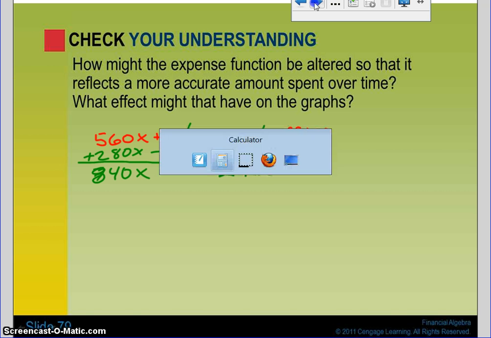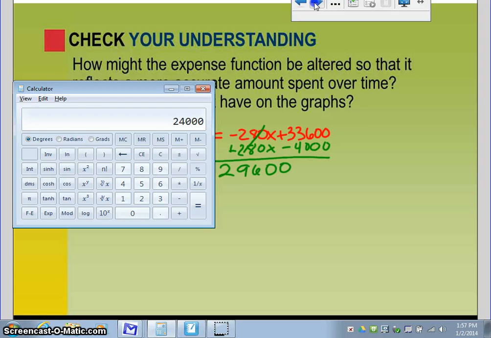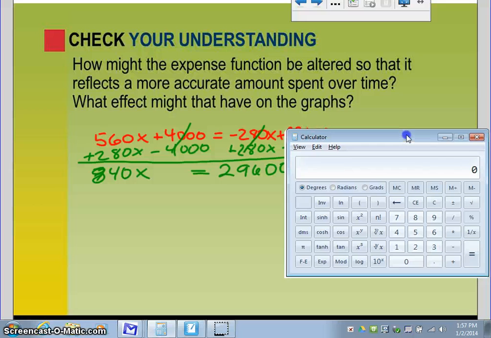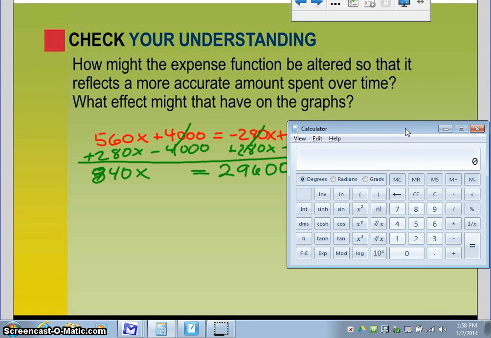So if we take the 29,600 and we divide it by 840, we're going to divide that by 840, and I get x is 35.23.